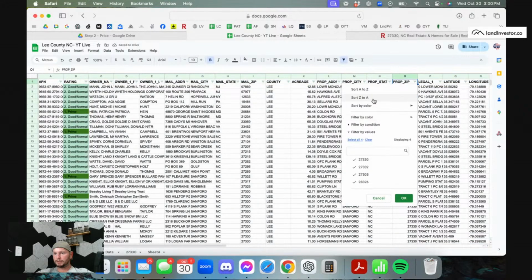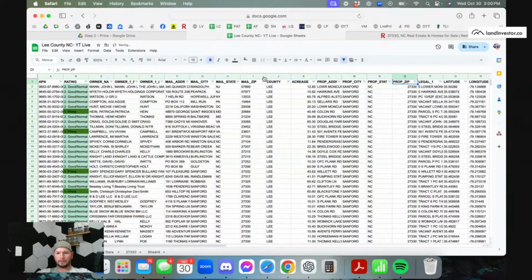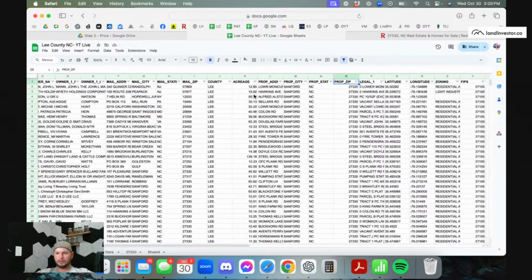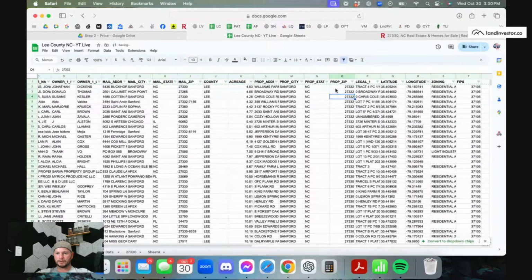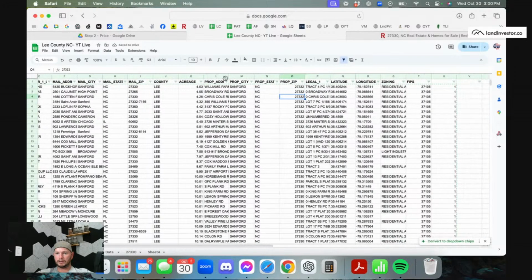Property zips, sort by A to Z. I sorted by zip and then I sorted by acreage.